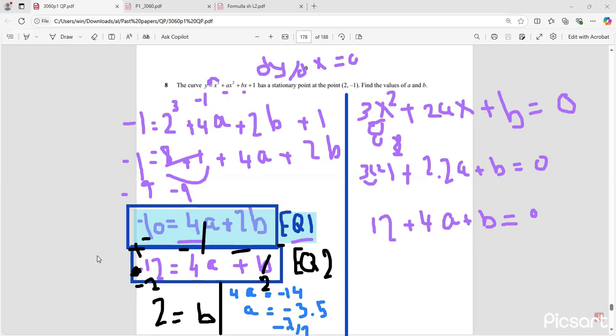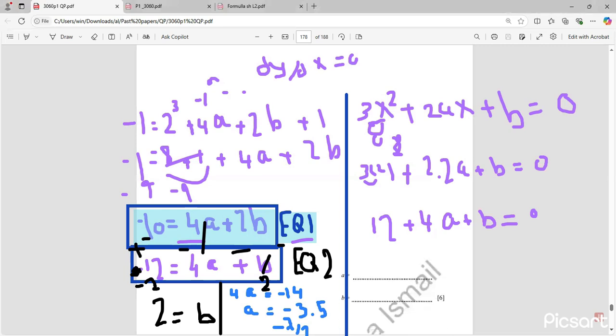We get the value of a and b from the derivative and from the original equation, and we did it. Okay, let's see the next.